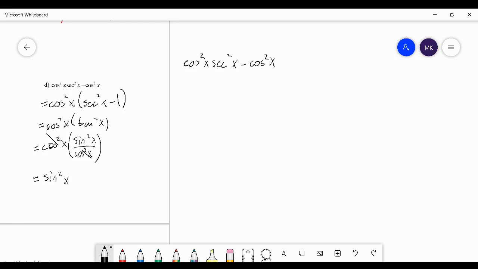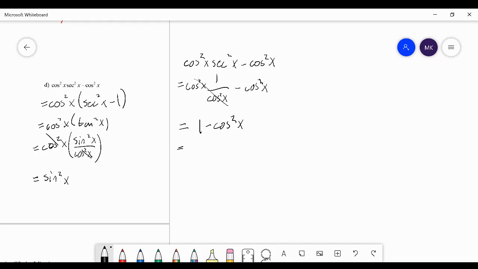I don't want to use the cosine reciprocal, that doesn't really help me. But I can change secant squared to 1 over cosine squared. So I have cosine squared x times 1 over cosine squared x minus cosine squared x. The cosine squared x times 1 over cosine squared x cancel, and I'm left with 1 minus cosine squared x.